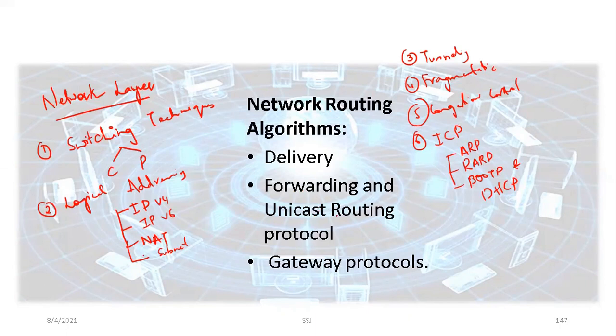Along with the routing protocol, we will also study the gateway protocol. So the topics that you have studied in the network layer, the ones I have written over here, are all the functionalities or the services provided by the network layer.